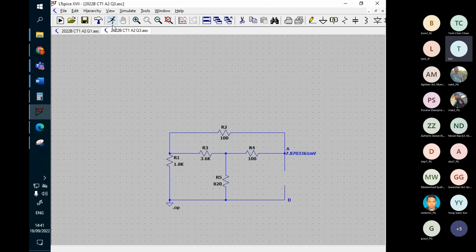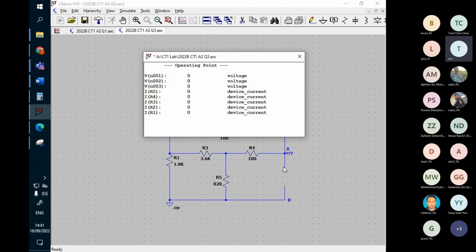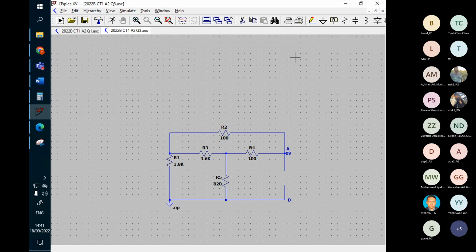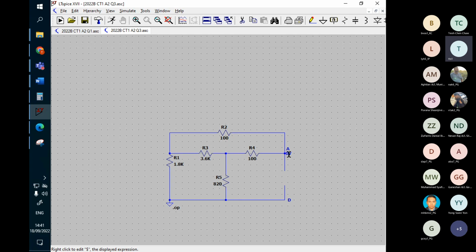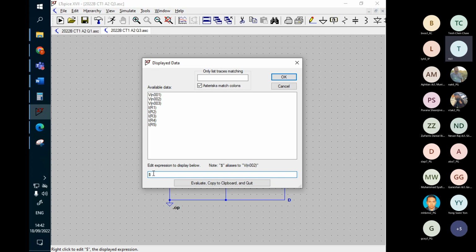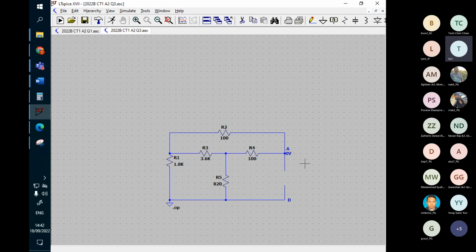But of course, you cannot just run it and then show the resistance here, right? There's no such feature. Even if you run this thing, you get all 0. What you can get is only either voltage or current. You cannot ask the software to print out the total resistance here. It doesn't work that way.